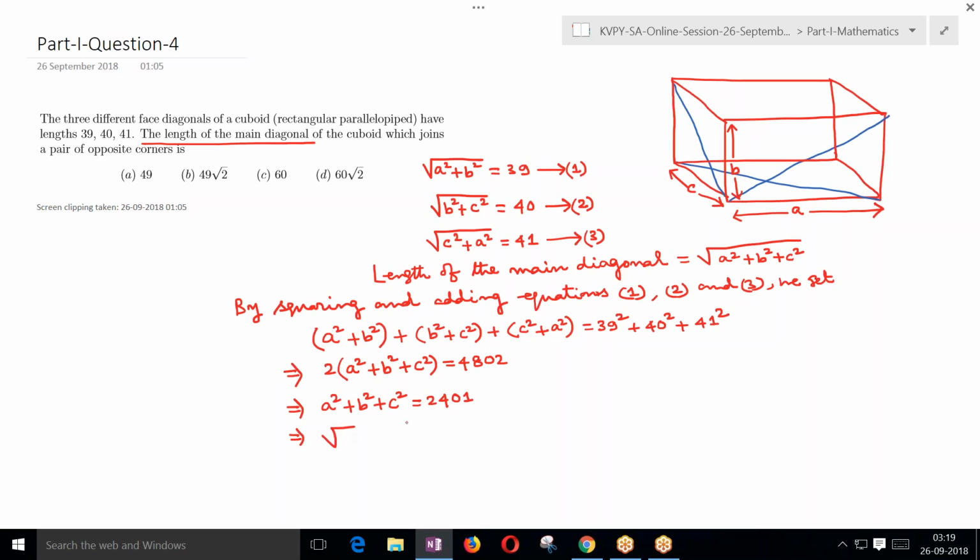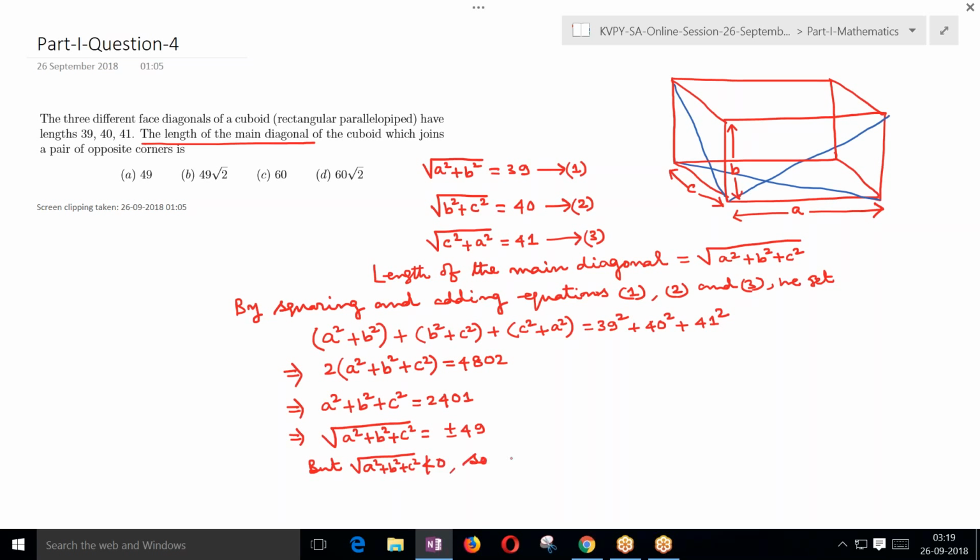If we simplify, square root of a square plus b square plus c square is equal to plus minus 49, but square root of a square plus b square plus c square cannot be less than 0.